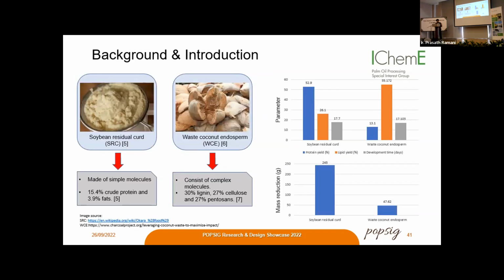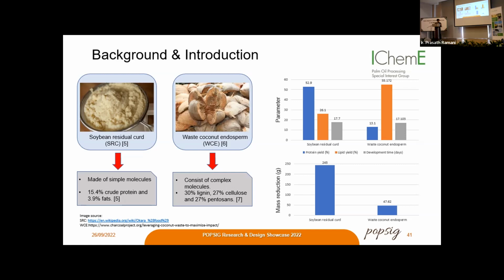However, if we simply feed the BSFL with random organic waste, it will not grow as what we expect it to be. Here, I will provide some insights regarding the effect of substrate on the growth of BSFL. Based on literature review, the researchers have fed the BSFL with soybean residual curd, SRC, and also waste coconut endosperm, WCE.